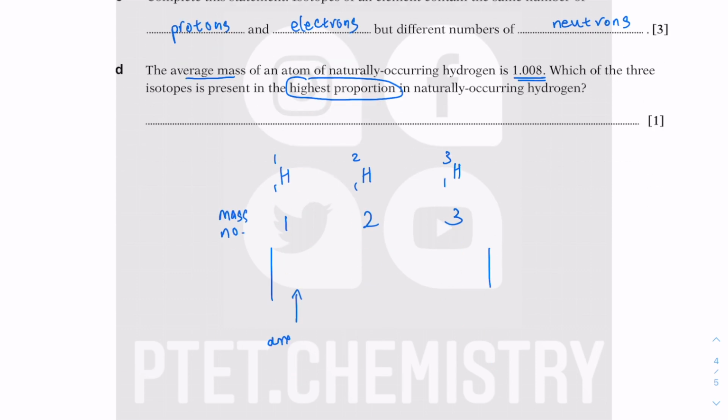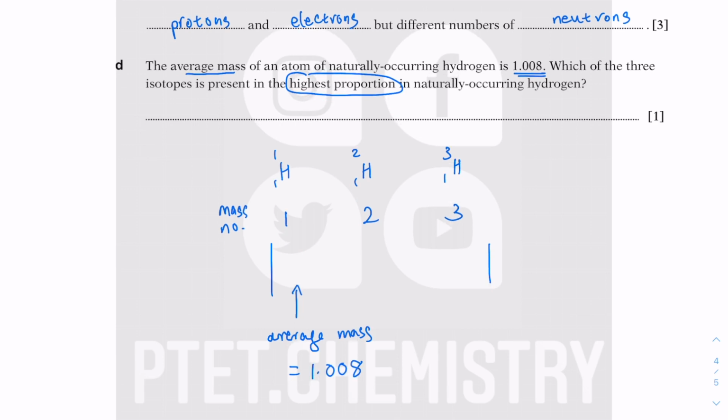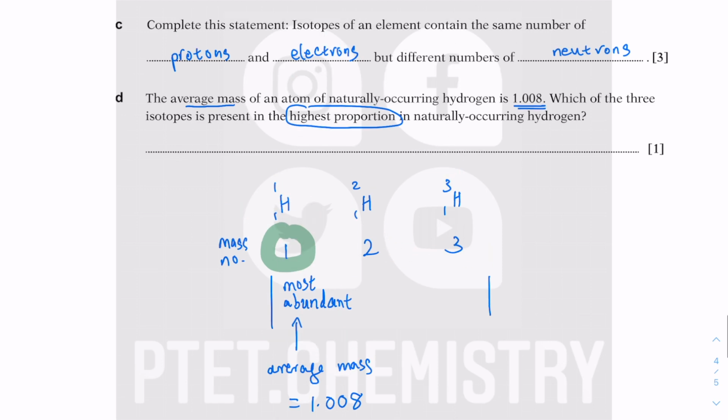Your average mass, by taking into account the percent abundance of this versus this, is very, very close to 1. It is so close to 1 that you can say that this must be the most abundant. If it is the most abundant, that means 1 times whatever percentage is going to dominate over the other ones, which are not going to be in very big proportion.